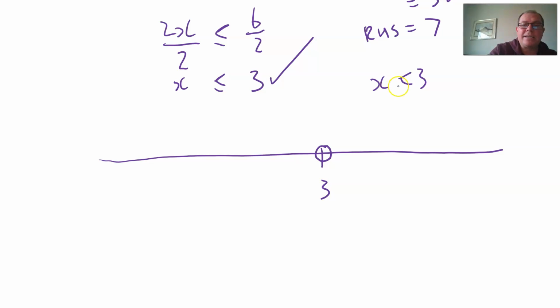But because I've got x is less than or equal to 3, I'm going to colour in my circle, which says I'm including the number 3. And then I just need to indicate in a clear and obvious manner that I want all the numbers less than or equal to 3. And I just like to put a scribble line like that, and then an arrow to show that it goes on forever. So that's our number line, x is less than or equal to 3.